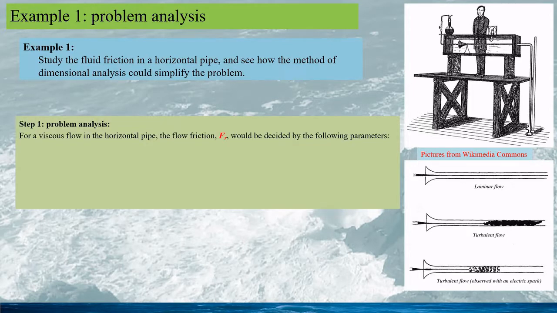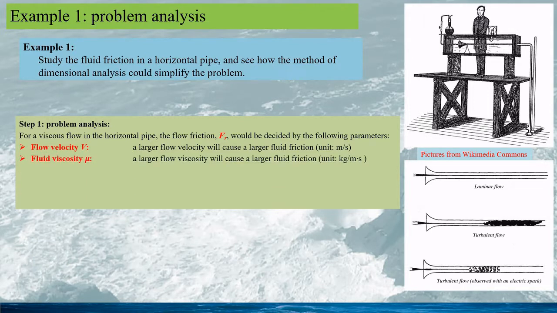When we examine what parameters might have influence on the fluid friction, from experience, the fluid friction might be affected by the following parameters. Fluid velocity: generally, a larger fluid velocity will cause a larger fluid friction. Fluid viscosity could be an important part for the fluid friction.